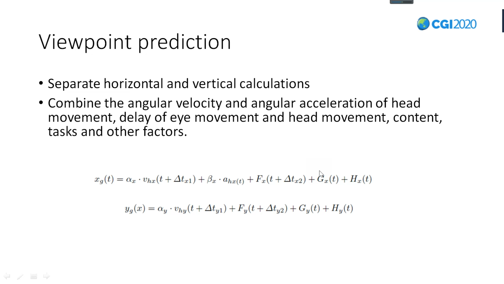Second, to improve the effects of this algorithm, we combine the angular velocity and angular acceleration of the head movement, the delay of the eye movement, and the head movement containing tasks and other factors together, as the calculation below illustrates. These two factors give us good viewpoint prediction results with higher real-time efficiency.